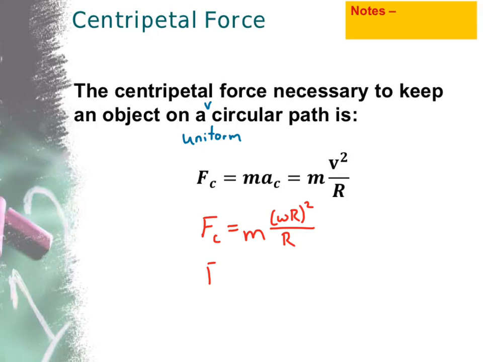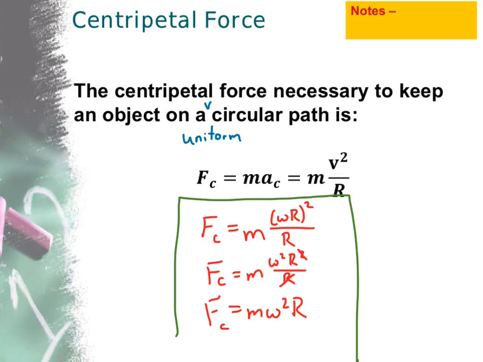And when you do that, you're going to get m omega squared r squared, all of that divided by r, and then this r divides with one of those r's. And so we're left with m omega squared r. So that's just for you AP people. Advanced physics, you won't be responsible for knowing it, so I'll put AP only here. All right.